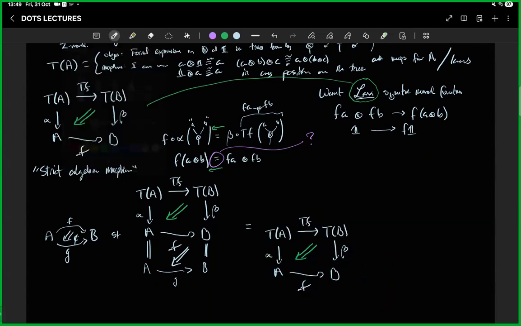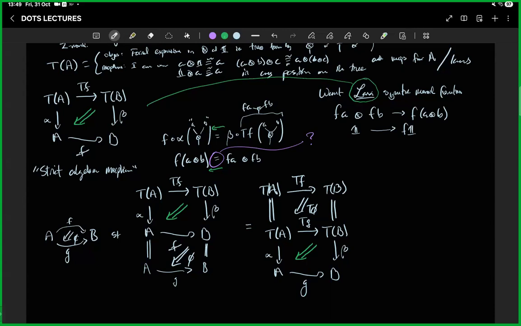Now I have to use TA, TB, and this one here I'm going to take to be G, and this one here to be G, because I need the outer boundaries of these things to be the same. This one's TF, and this one's going to be T of phi. This one's phi.